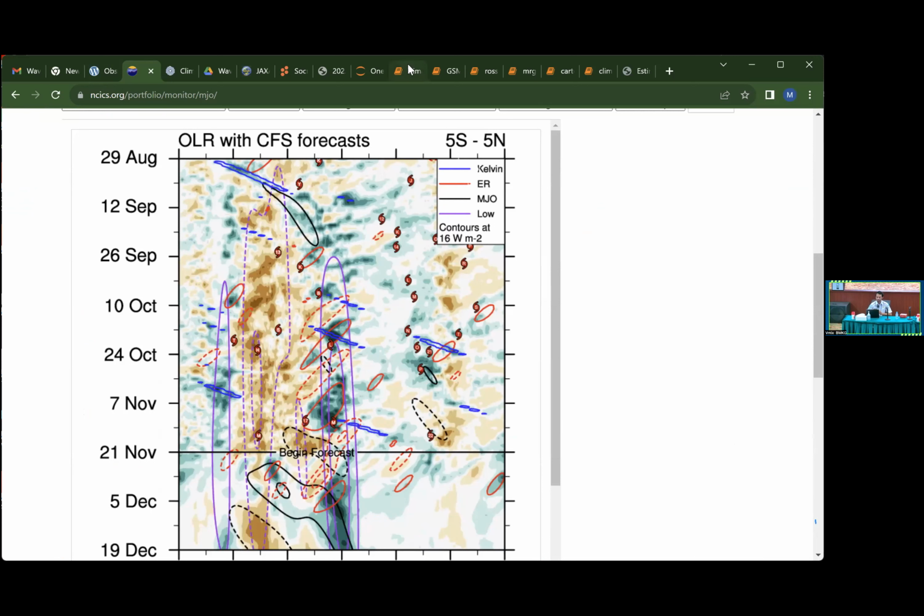In this there is Kelvin, ER, MJO, and low frequency, but no MRG. So we need to exercise by ourselves right now.